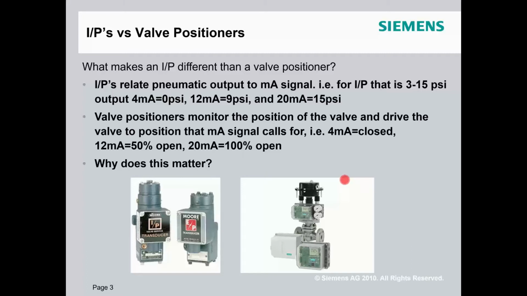Whatever pressure it takes, it's going to drive that valve to the percentage open that you're calling for. With the I2P, it's going to send out 9 psi, and that may or may not be 50% open. You wouldn't be able to tell with the I2P because it does not monitor the actual position of the valve itself.